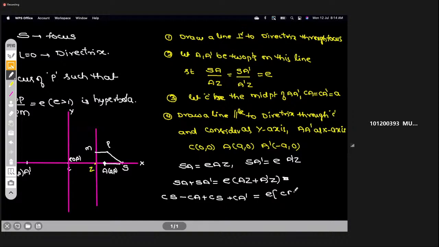AZ is CA minus CZ, then CA prime plus CZ. So this cancels, CA cancels. So CS is equal to 2A, 2CS is equal to 2A. So that means S is AE comma 0. In ellipse also you got the same thing.